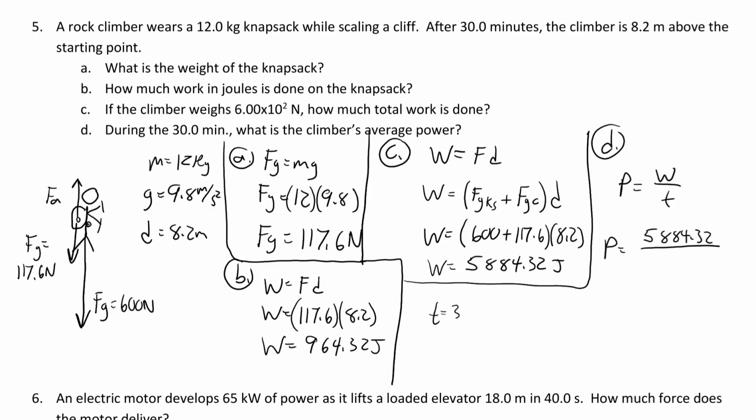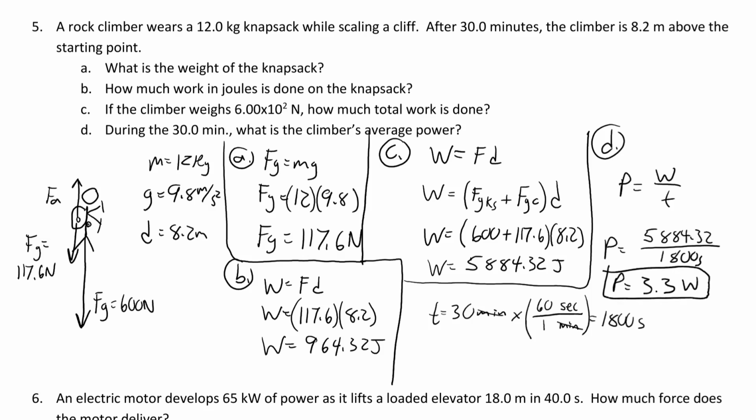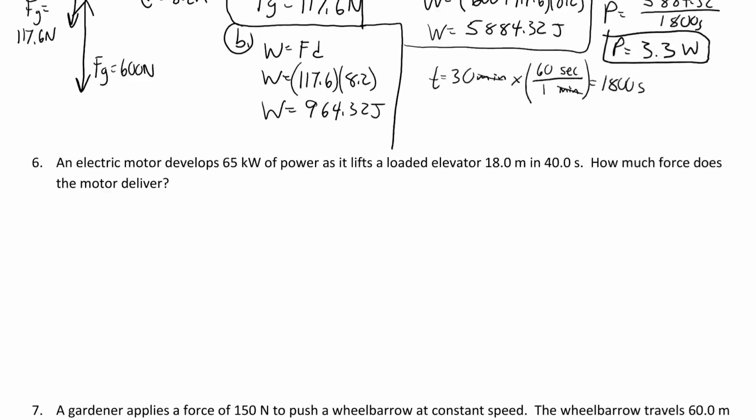The time is equal to 30 minutes times, we want to get this into seconds. Again, we could do it the good old dimensional analysis. There's 60 seconds in 1 minute. I put the minutes on the bottom so that they cancel out. 30 times 60 is 1800 seconds. So 1800 seconds, the power is equal to about 3.3 watts. 3.3 watts of power.